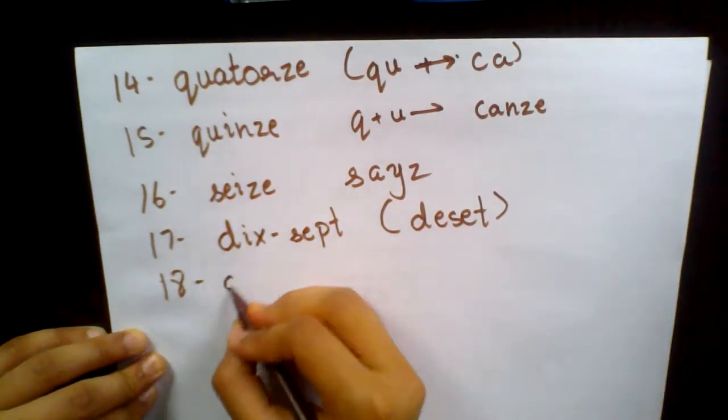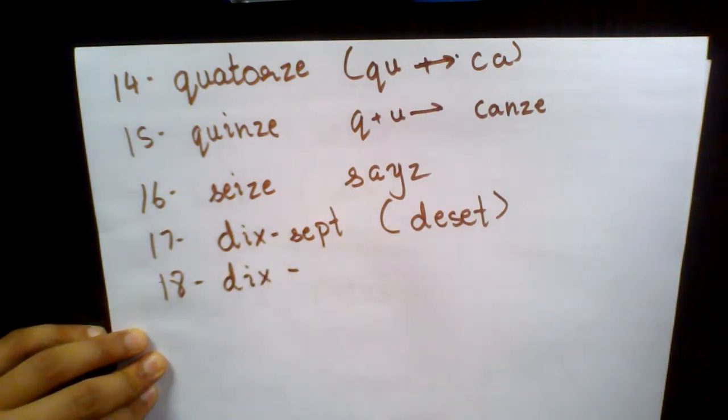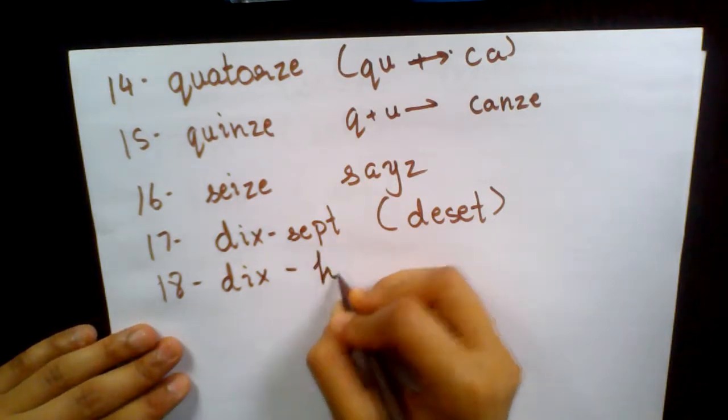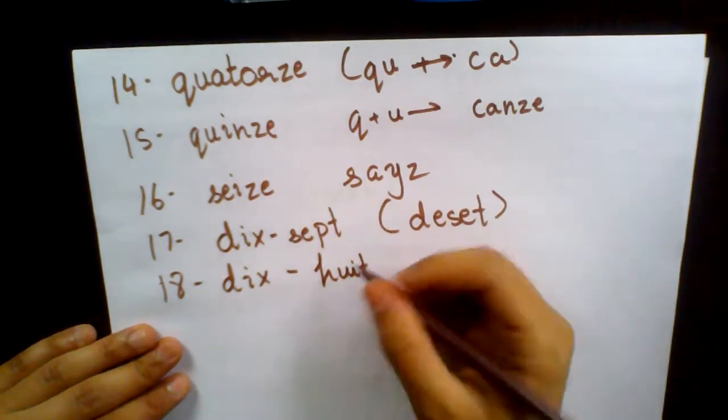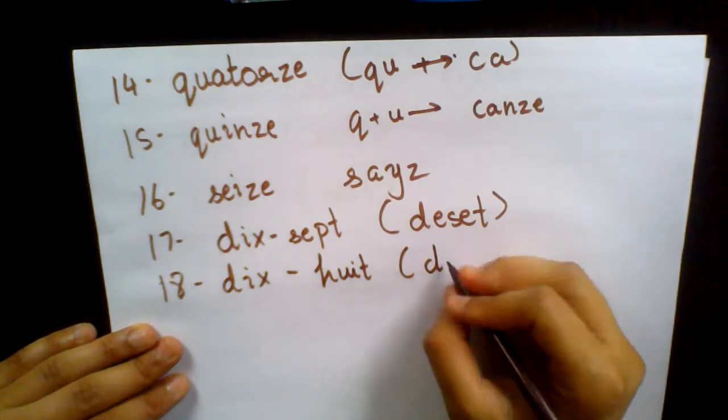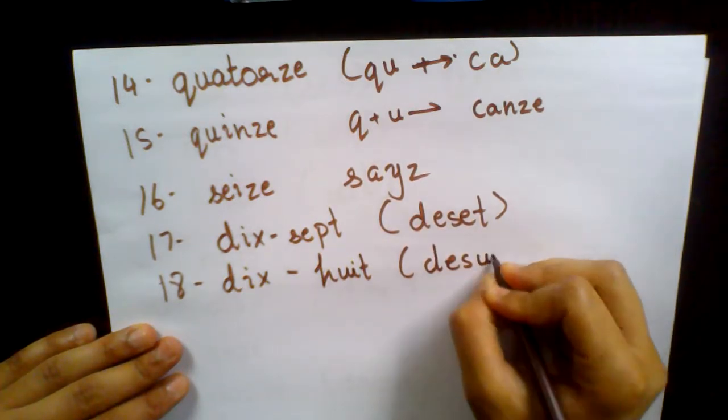Now similarly, number 18, DIX, and number 8 was pronounced as wheat. As I mentioned to you earlier, H is silent, so it becomes dee-zwheat.